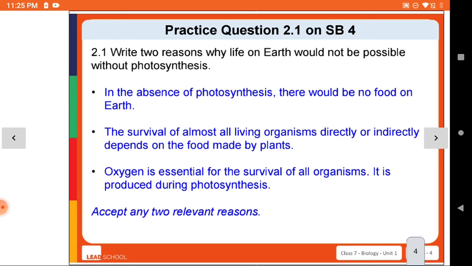It is very important for the survival of all organisms, and photosynthesis is the only process that releases oxygen after plants take in carbon dioxide. So these are the reasons why plants are necessary, and why without photosynthesis there is no life on Earth.